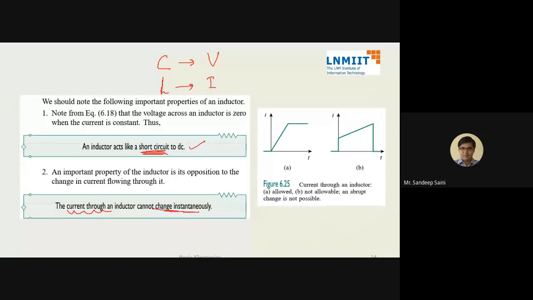Capacitor will always be controlled by the voltage. Voltage will not change abruptly. In the inductor, current will be your driving factor. The power or work done is also dependent on current.